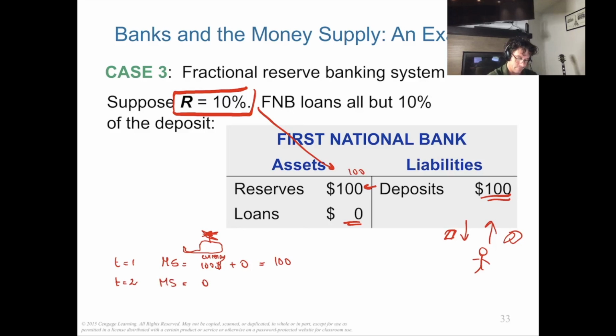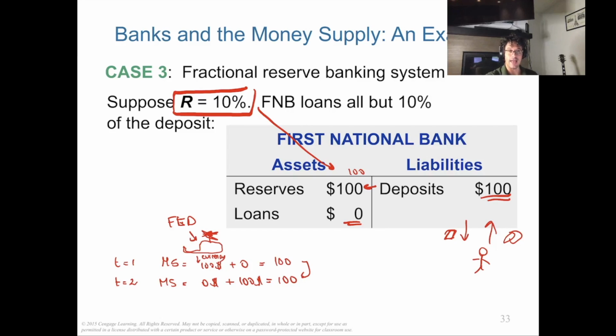To 0 currency. I don't have the currency anymore. The currency is back in the bank and I have $100. So the money supply is still 100. Notice, at this stage, the Federal Reserve used a helicopter to drop $100 in this economy, and still the money supply is $100.